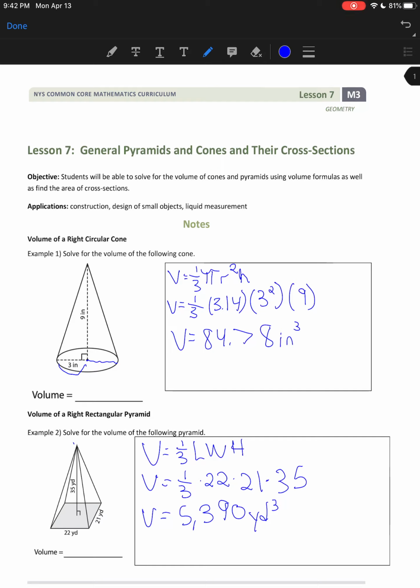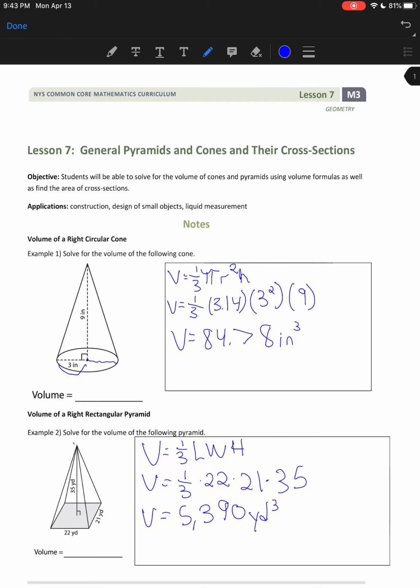So to sum up, we have the volume formula for a cone up top in example 1, and we have the volume for a pyramid in example 2. If you think about volume in general, all you ever do to find volume for any kind of shape is multiply the area of the base times the height.